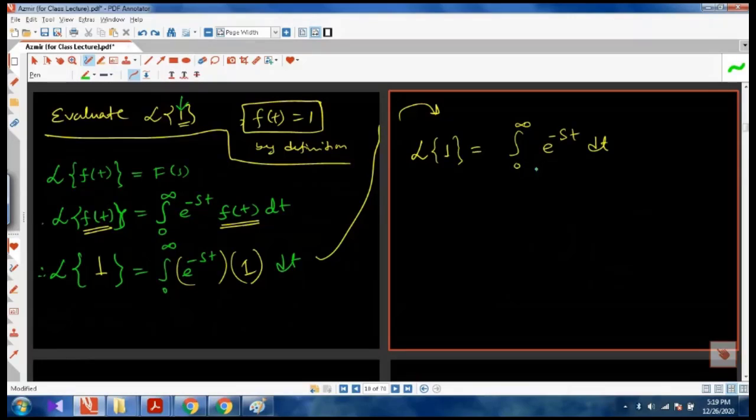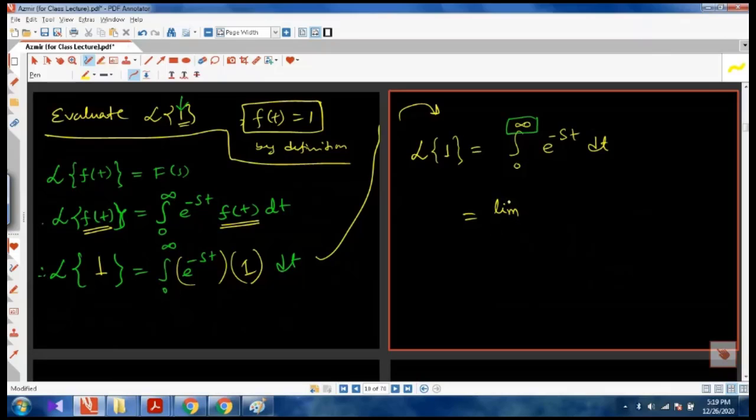Since this is an improper integral, from the concept of Math 120, we know that we can't solve this integral without the help of a limit. So we have to take the help of a limit.